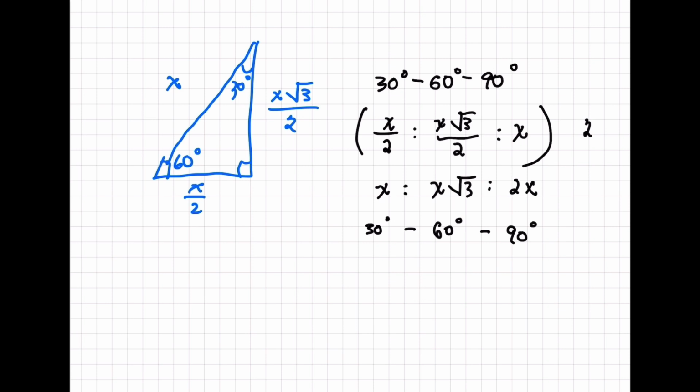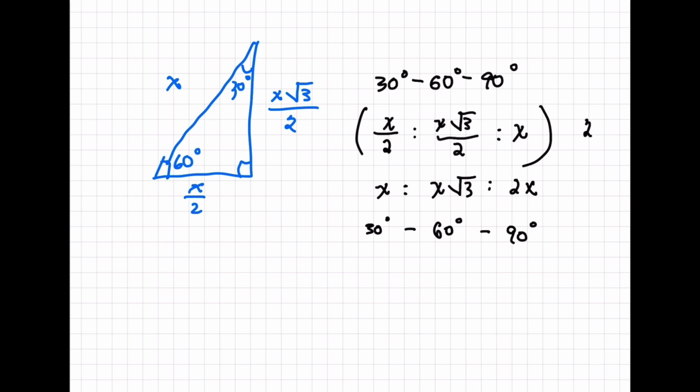It only tells us that the shortest length, or the one opposite 30, is always half the longest length, or the one opposite 90 degrees. And to get the medium length of the triangle, you just multiply the shortest by square root of 3. So that's how it works.